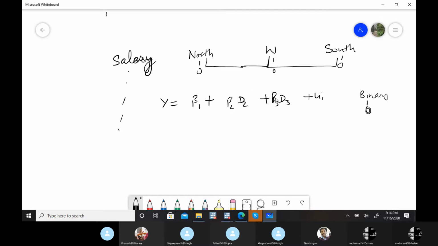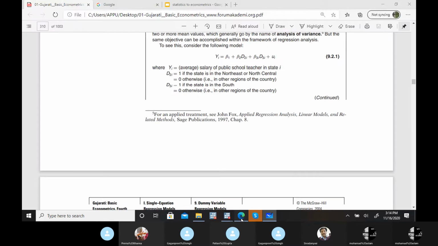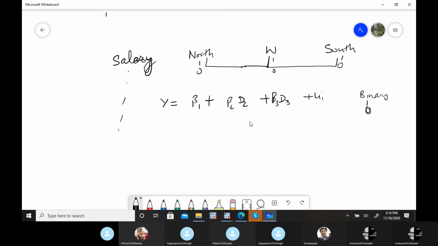In this particular case, like in this Gujarati example, they put northeast and north central, and south, meaning 2 categories here, right? This is northeast and north central, and this is south, 1 or 0.